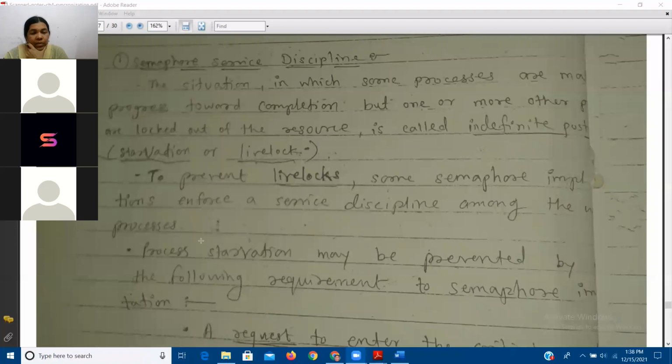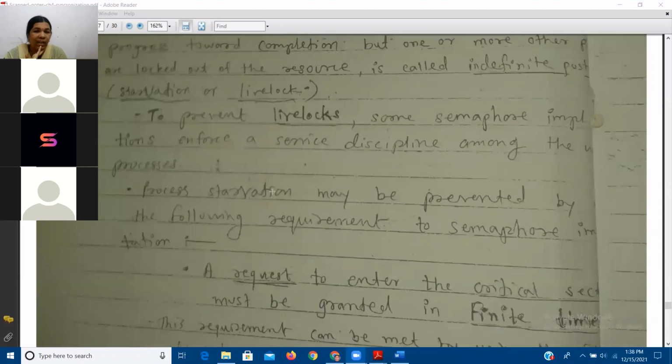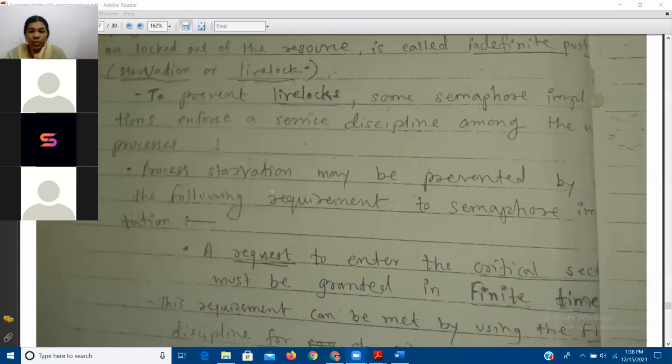Like you people, we need to apply some rules, and each and every student has to obey them. In the same fashion, each and every process should obey the rule. One process should not enter more than once inside the critical section until all the processes get the chance to enter.